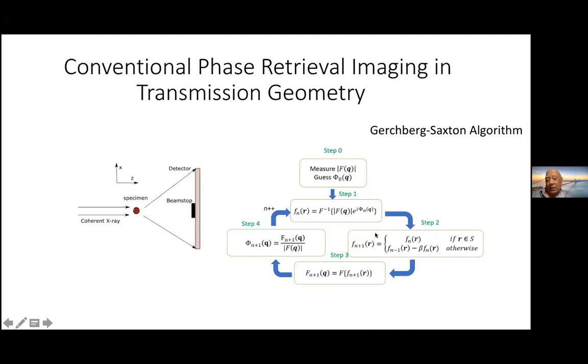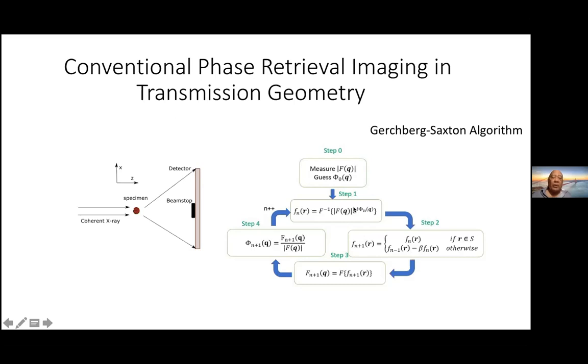Once you've done that, you've got a new so-called electron density. Then you take the Fourier transform of that, which has got a phase. You divide by the observed magnitude of the intensity, and that gives you the phase. And then you recycle. Now you put that phase in and you keep going round and round in this loop.